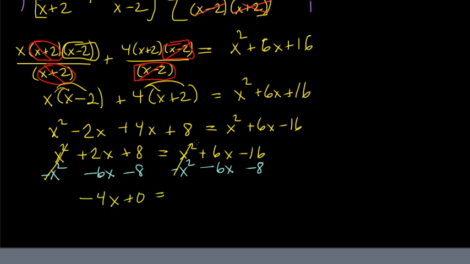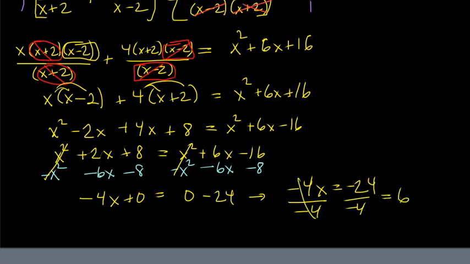And then 8 minus 8 is 0. And then 6x minus 6x is also 0, and negative 16 minus 8 is negative 24. So the equation is just negative 4x equals negative 24, which means we can divide by negative 4, and we're left with positive 6. So it looks like x equals 6.